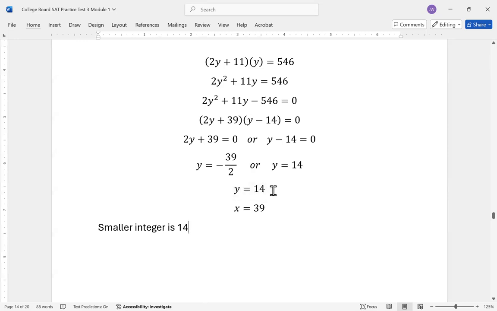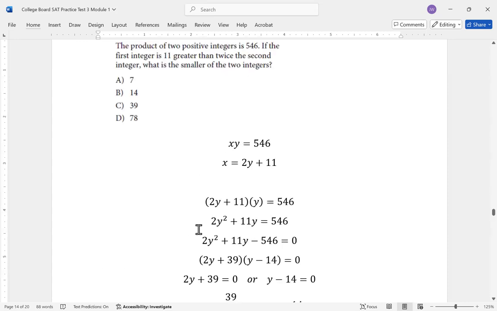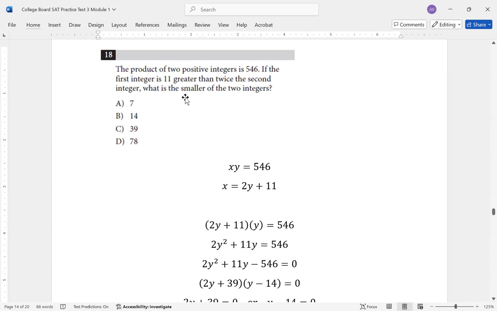So we have y is 14, x is 39. The smaller integer is 14. And so 14 is the answer. It's asking for the smaller of the two integers. Therefore, B, 14, is the answer that I'm looking for. So the answer to question 18 is B.